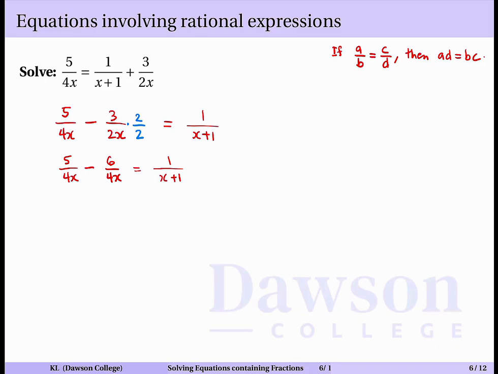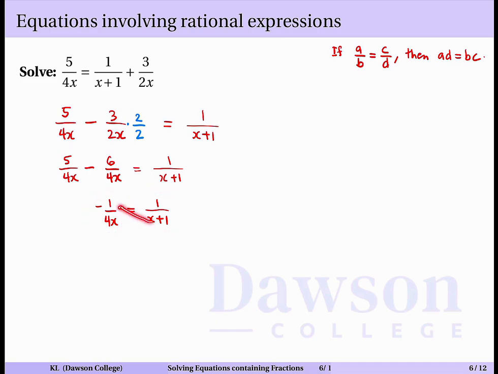So this one, since they have the same denominator, we can combine them easily into negative 1 over 4x. The other one is just 1 over x plus 1. So on the left-hand side, we just have a single fraction. On the right-hand side, we also have a single fraction.